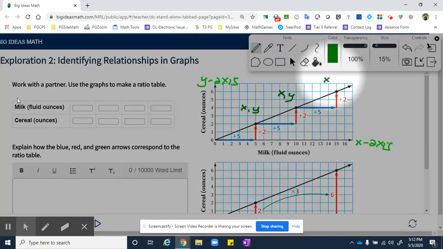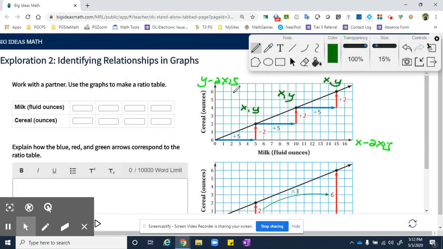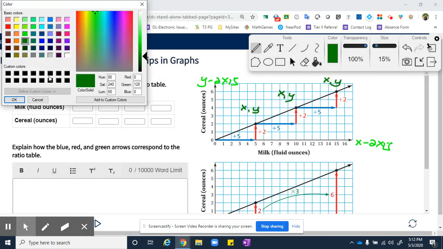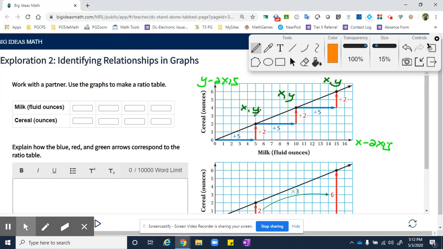It's flickering. Let me turn off the focus. There you go. That's better. And I'm going to change it to orange. All right. So this point right here represents our x is 5, y is 2.